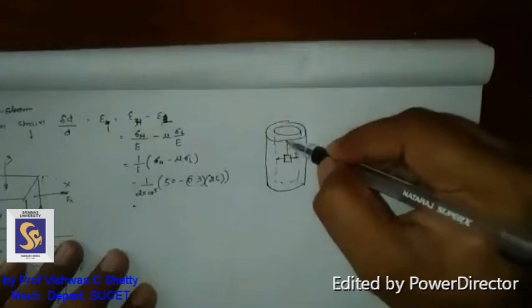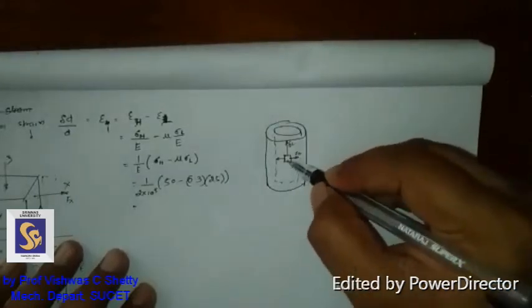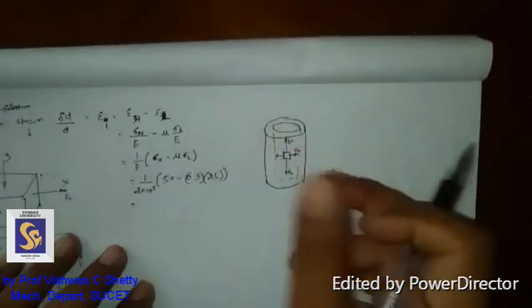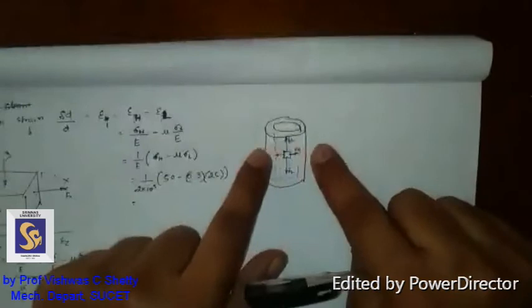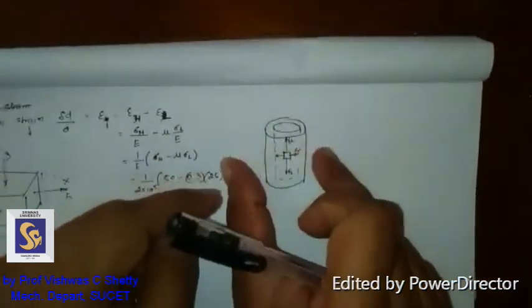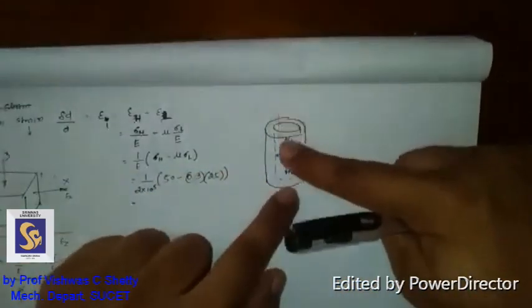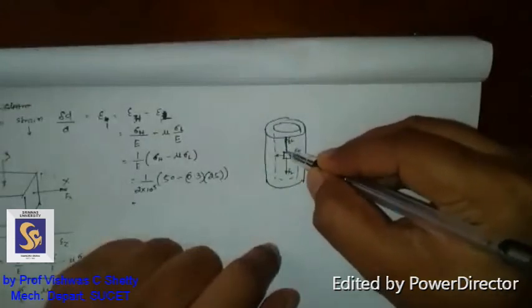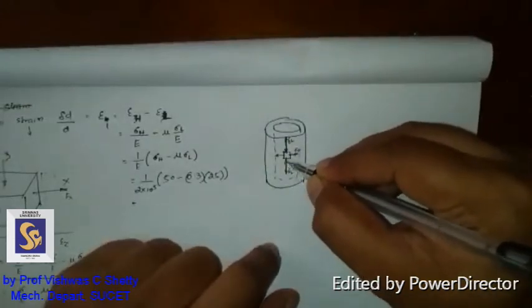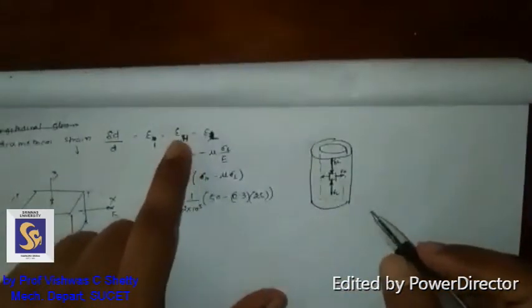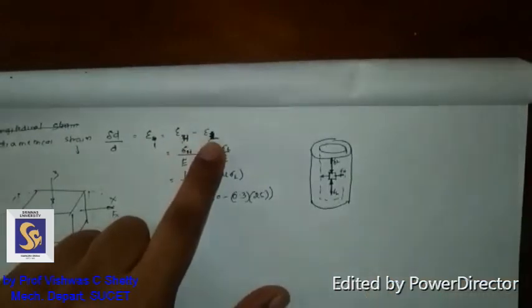And this is the longitudinal stress, sigma L. If you consider only circumferential stress, this particular cylinder is trying to bulge in this direction, the x direction. So it is obvious that the stress in this direction will be compressive, so that becomes negative. That is the reason why we are taking the strain as negative in the longitudinal direction.